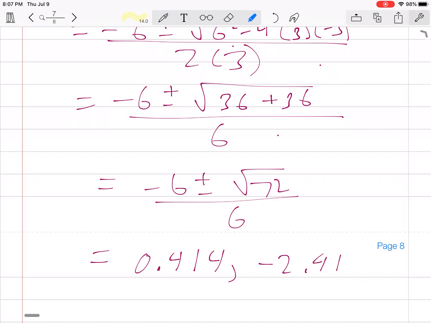Okay, which is what we had from the graph. So those are your two x solutions. All right, so I'll stop there. So that concludes this unit, Unit 2 on radical functions. Okay, so we'll stop now.